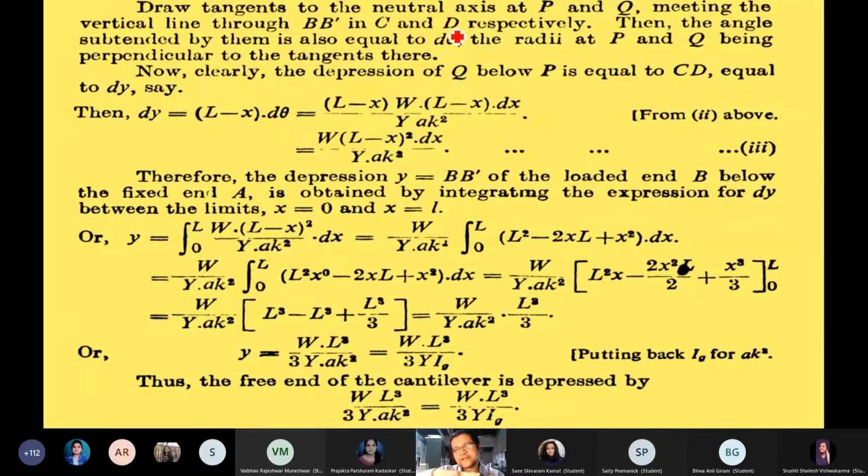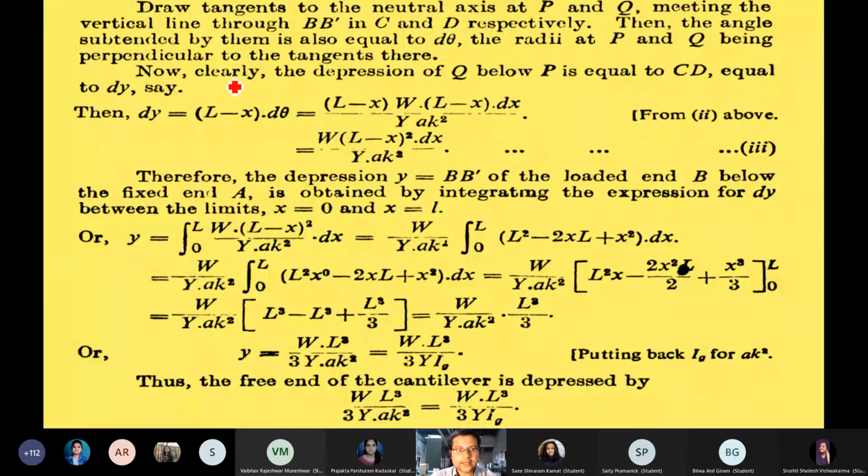Originally it is horizontal, and now it is deflected, so how much that deflection happens, how much that depression is produced, that we need to calculate over here. So a small value of that depression we need to calculate by this particular equation.